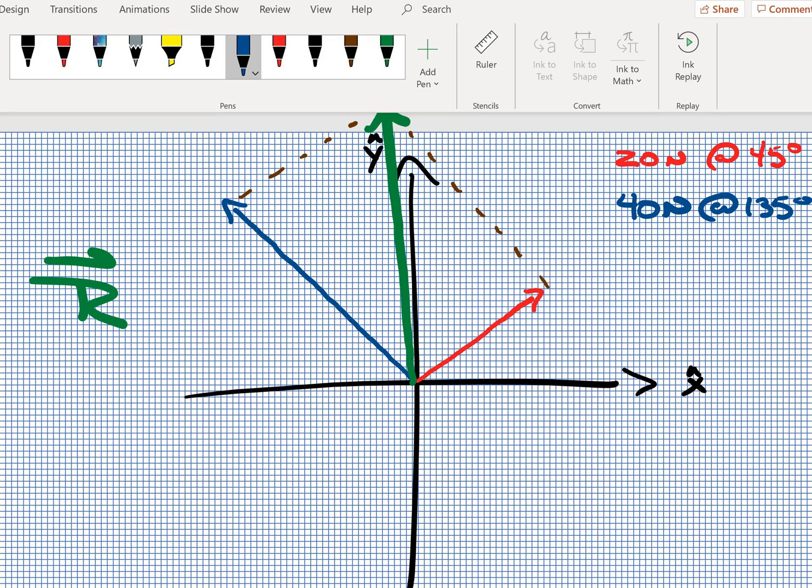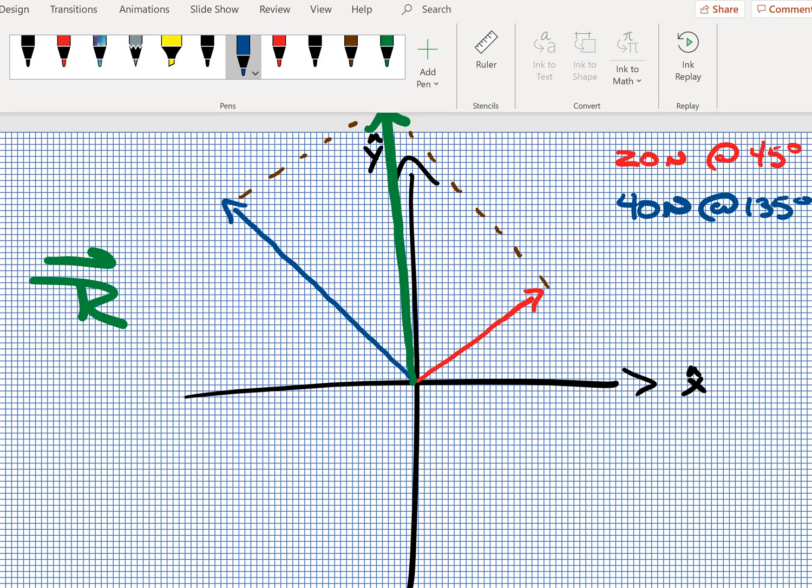And this is the approximate net position of the force. In other words, if we exerted two forces independently, one 20 newtons at 45 degrees and one 40 newtons at 135 degrees, it would have the exact same effect as exerting this force in green, whatever magnitude it happens to be, at that approximate direction.